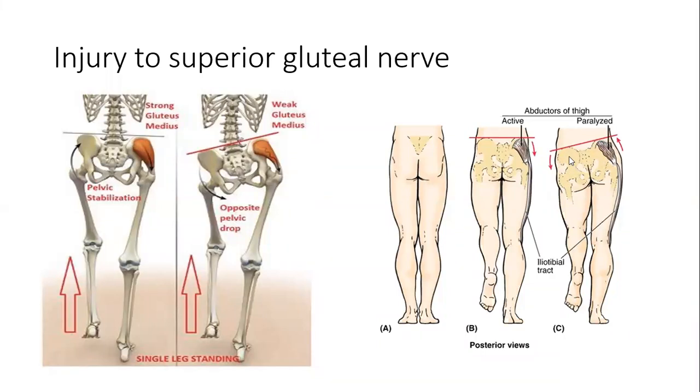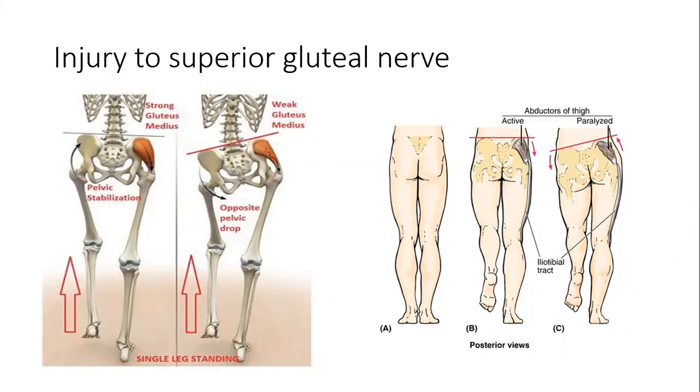If the gluteus medius or minimus on the left side become paralyzed, the pelvis on the right side will sink down during walking.